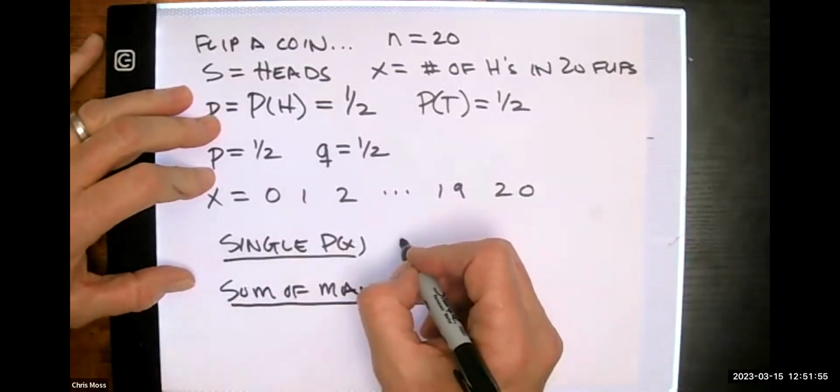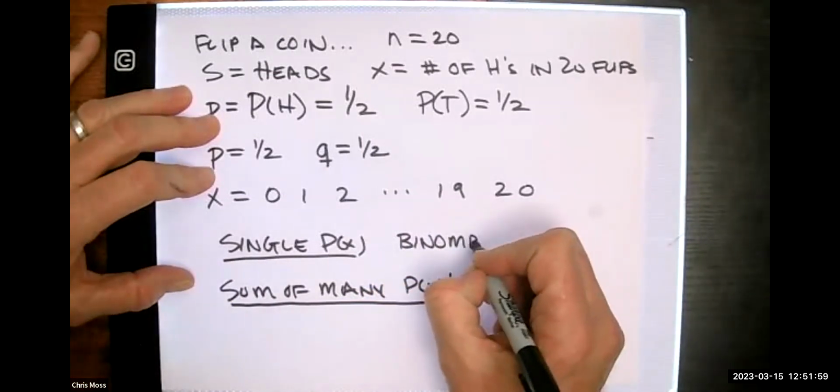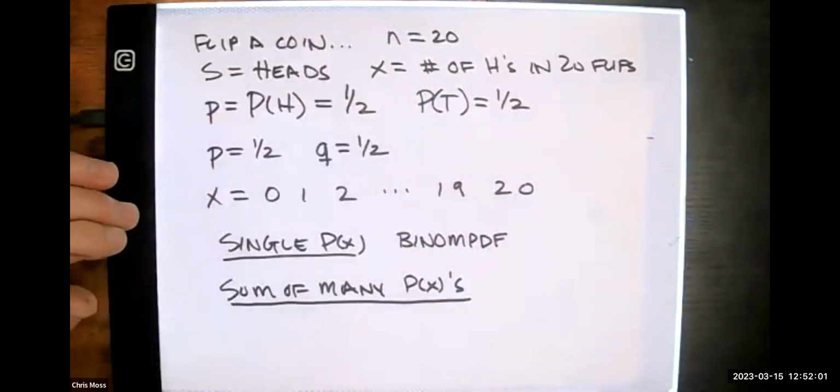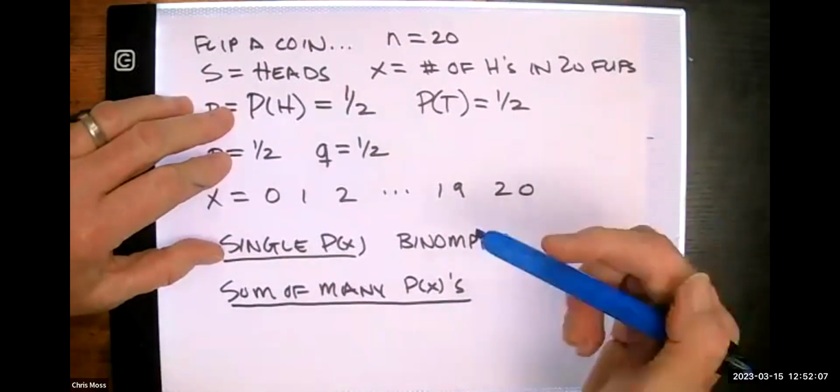The single P of X uses something called binomial PDF, short for probability distribution function, or binomial probability distribution function.